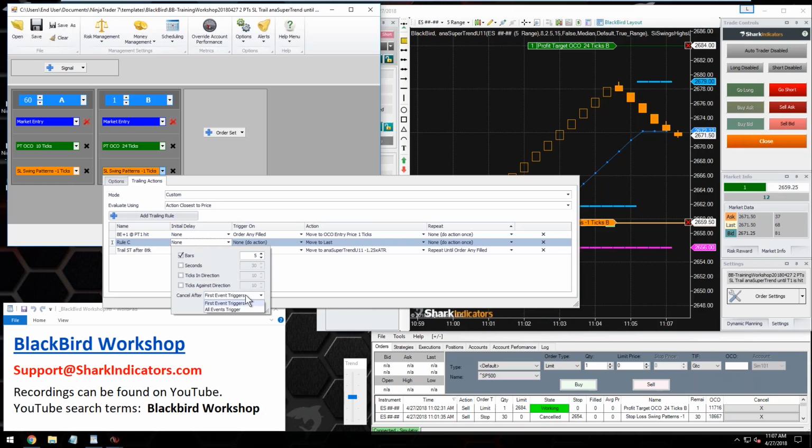Oh, wait, actually. Oh, hold on. Yeah, here we go. So there we go. That's right. All events triggered. I don't think I've ever used this in a real example yet. So let's see. Actually, no, this will not work because, again, this bar option is just counting bars.